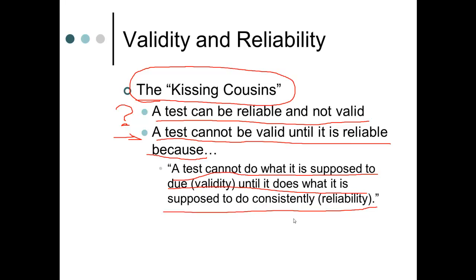But for you to have a test that is valid, it's got to measure what it's designed to measure and do it consistently and have reliability. You can't have one without the other. You can have reliability without validity, but you can't have validity without reliability. And so just remember that.